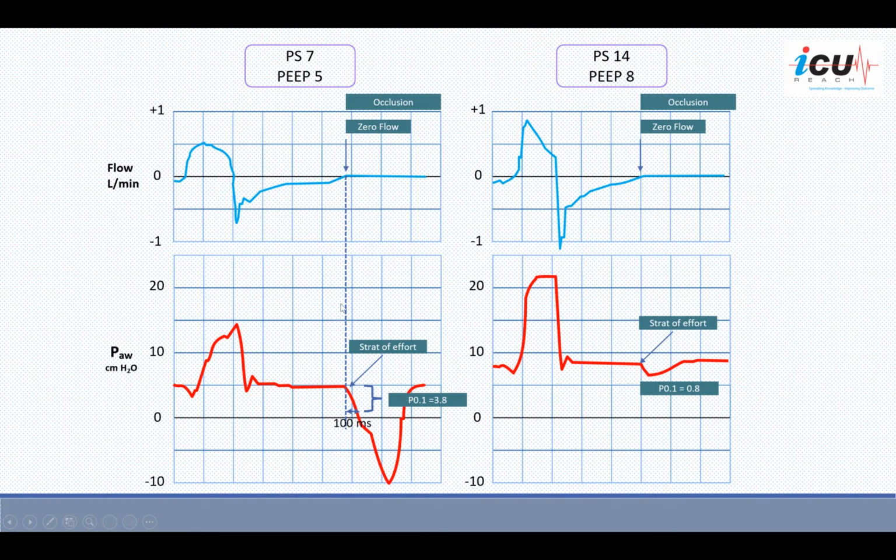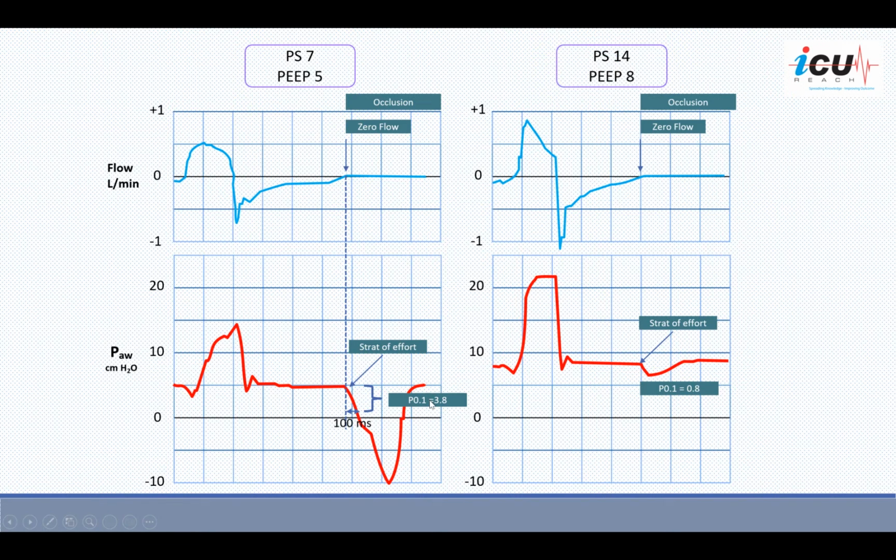As you see, we did that at the end of expiration, flow is 0, and this is the start of the effort. The patient dropped the pressure. We're interested to know the pressure that is generated in the first 100 milliseconds of the occlusion, and this pressure is 3.8 centimeter, negative value.